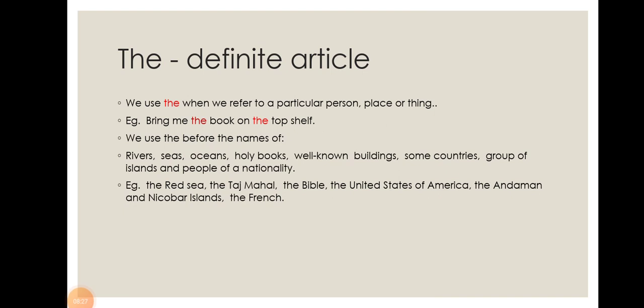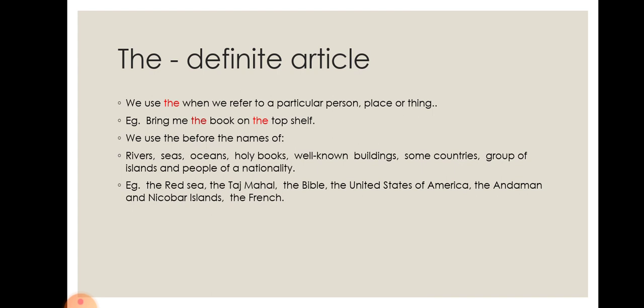For example, I saw a girl yesterday. Who is that girl, which girl is it, how was she? No clear idea there, right? So in such cases, if we want a clear idea about a particular person, place or thing, we will use the definite article.